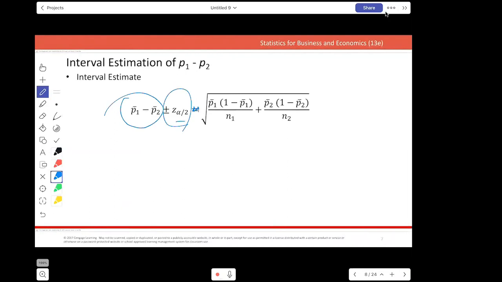It's this times the standard error right here. All right. Notice that we don't have P, but we have P bar. Why? Because we don't know the population proportions. If we knew them, then we wouldn't need it. So therefore, we would just use the sample values.